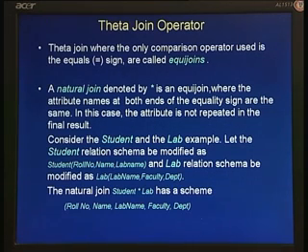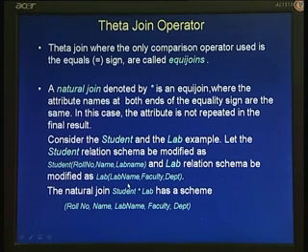It is an equijoin where some of the attribute names between the relations that are participating in this join are the same. Okay. Now consider again the student and lab example. Let the student relation be modified like this, that is the student relation has attributes named roll number, name and lab name instead of just lab. Similarly we have modified the lab relation as lab name, faculty and department instead of just name.